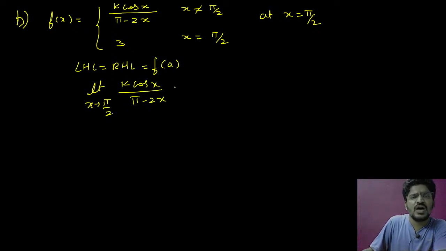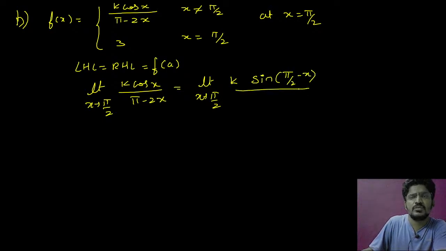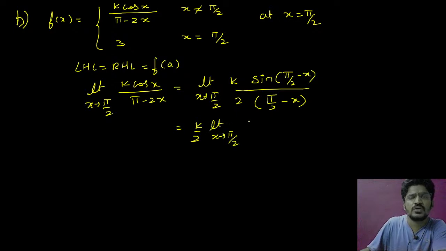Now I can simplify this as limit x tending to pi by 2, k is constant, write as it is. You can write cos x as sine of pi by 2 minus x, by using the formula. And in pi minus 2x, take 2 common, it will be pi by 2 minus x. So this converts to k by 2 into limit x tending to pi by 2 of sine of pi by 2 minus x divided by pi by 2 minus x.